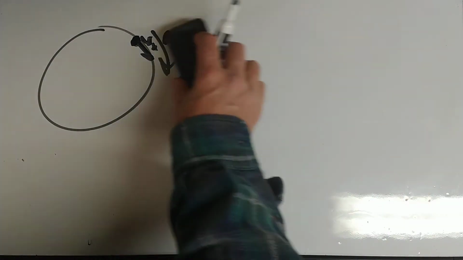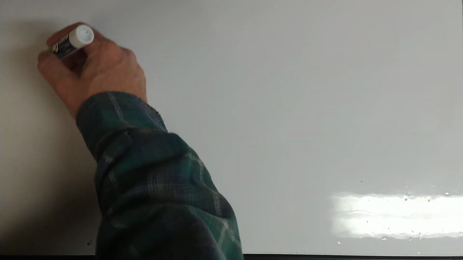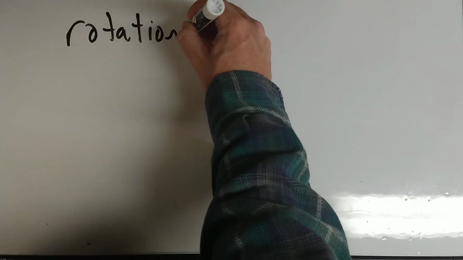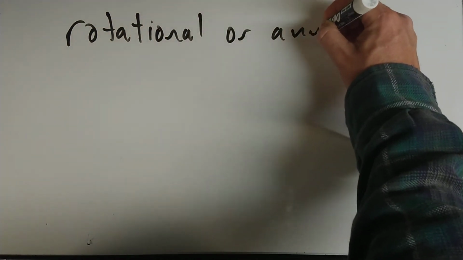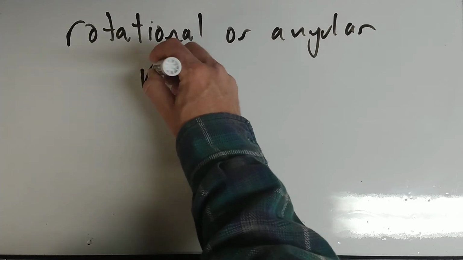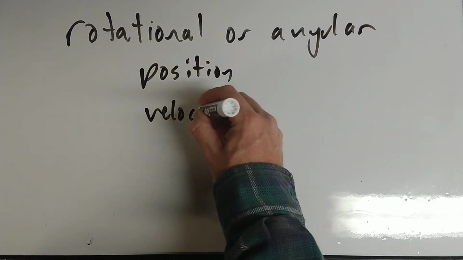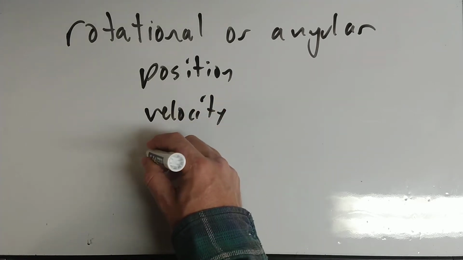What about all the other particles? Turns out we will track rotational motion in terms of what we call rotational or angular position, velocity, and acceleration.